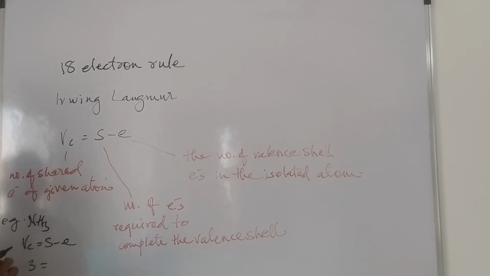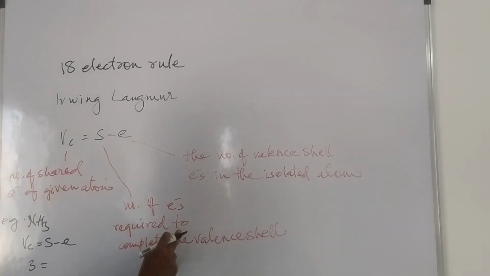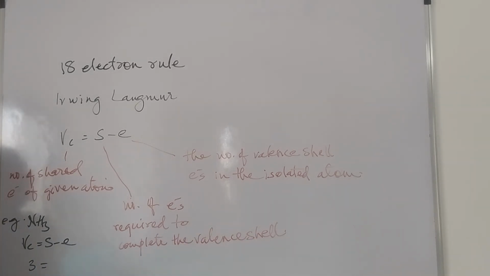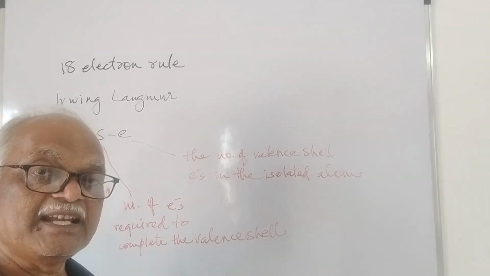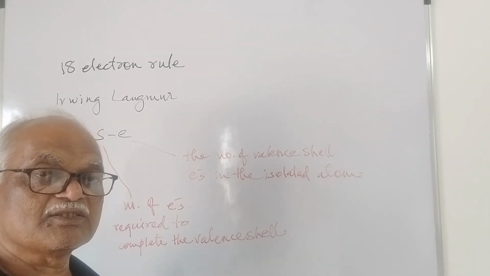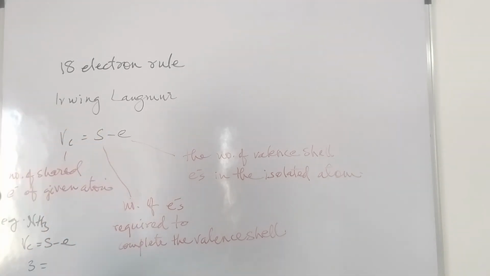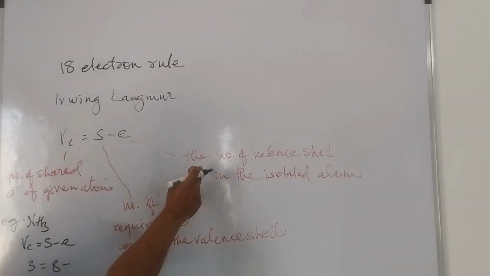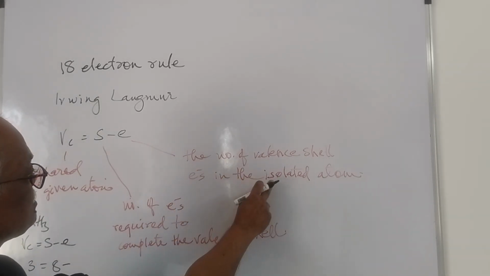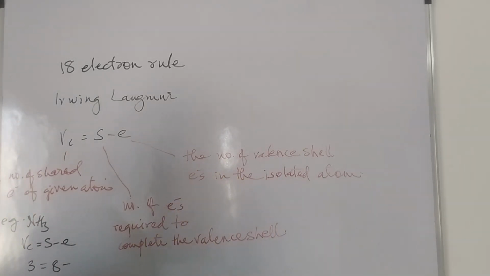Now S is the number of electrons required to complete the valence shell. In the case of nitrogen, the valence shell capacity is 8, minus E, the number of valence shell electrons in the isolated atom.